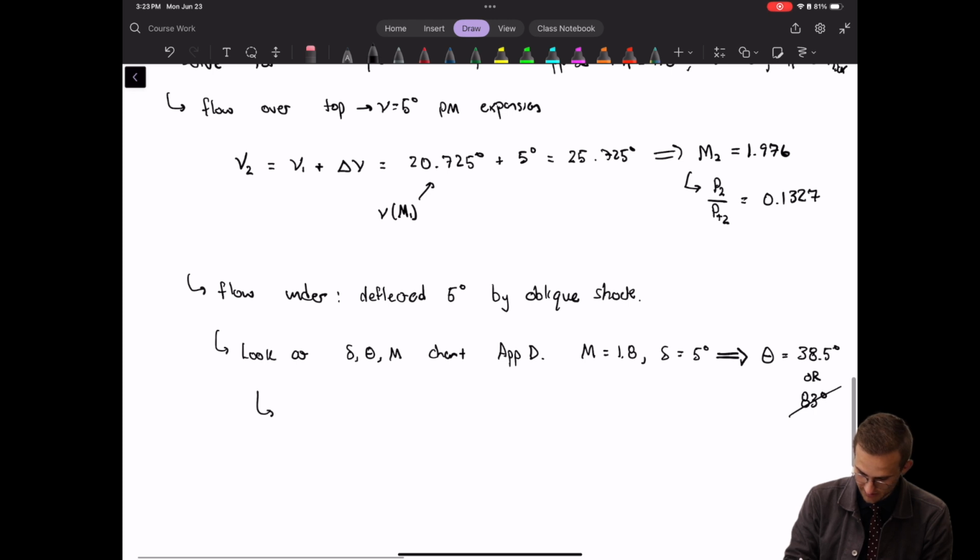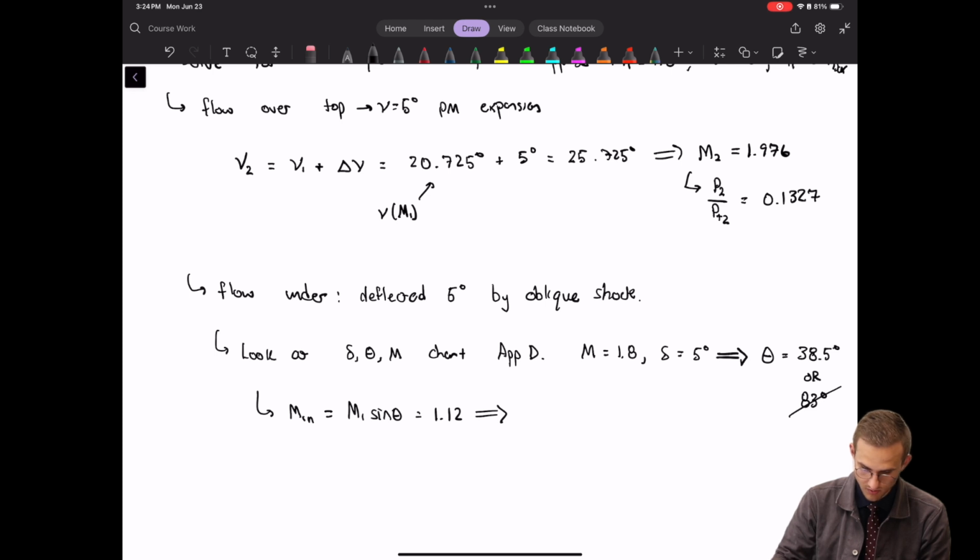Then you can calculate your upstream Mach number normal to the oblique shock, which is just M1 sine of your shock angle theta, which in this case ends up being 1.12. And then use that with your shock tables to find that P3 over P1, the change across the shock, is equal to 1.2968.